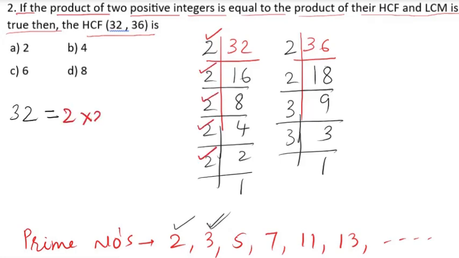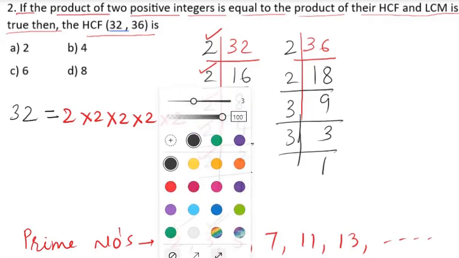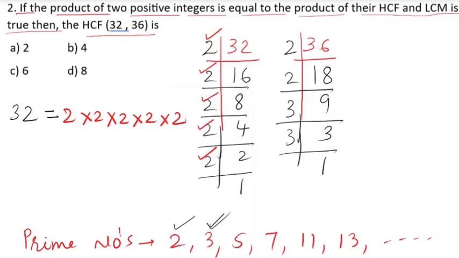And 36 we can write as 2 times 2 times 3 times 3.